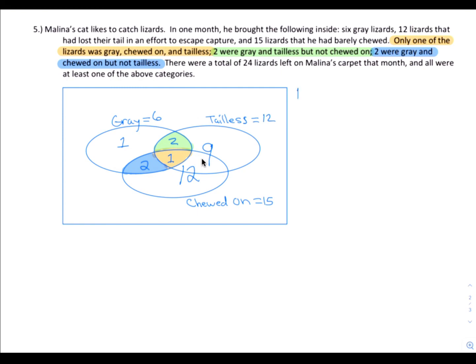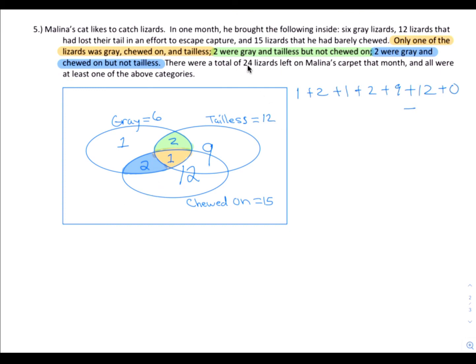We can say that 1, that's this 1 here, plus this 2, plus this 1, plus this 2, plus this 9, and then plus this 12, and then plus however many is on the outside, which happens to be 0, so plus 0, and then subtract the total from that.